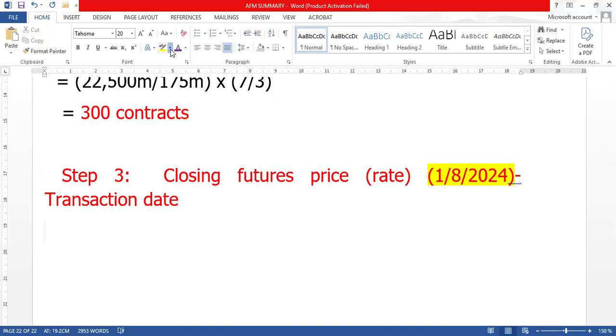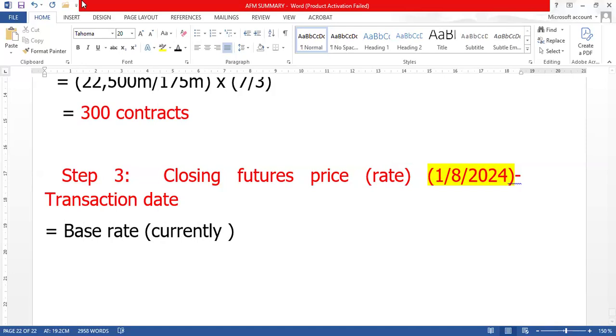So how do I get this? I simply get the base rate, that is the rate now. What is the current rate?